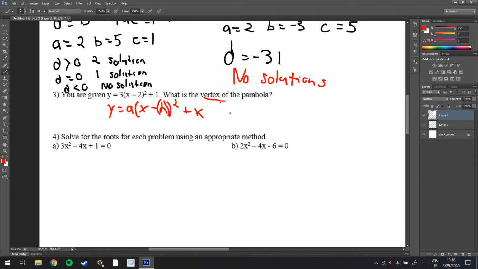And then the vertex is just h comma k. In this case, I do not have a negative h because I can put parentheses around this too and have the correct form. So I have 3 for a, x minus 2. So my k is 1, my h is 2. So I have my vertex at 2, comma 1.